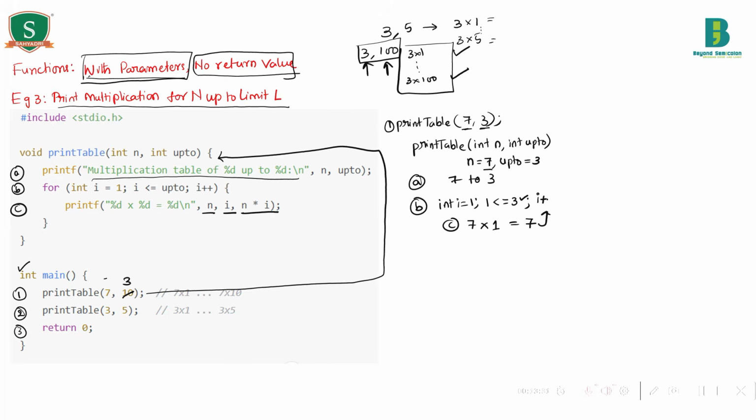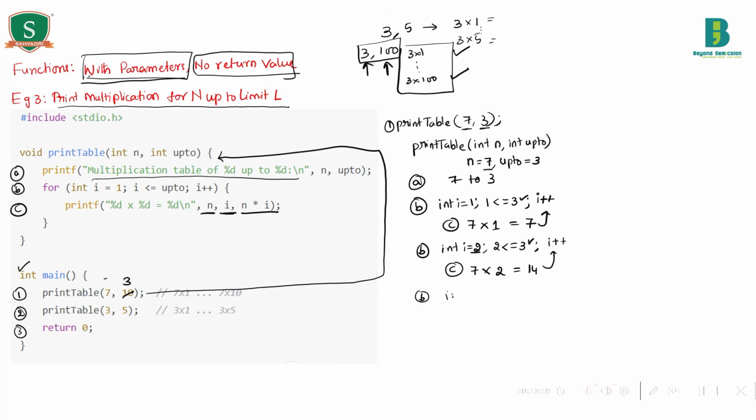Then inside the for loop, the increment operator updates the i value to 2. Let's take the condition, 2 less than or equal to 3, the condition is true. And it comes to the C statement, the n value is 7, the i value is 2, 7 multiplied by 2, that is 14, and then increment the i value.